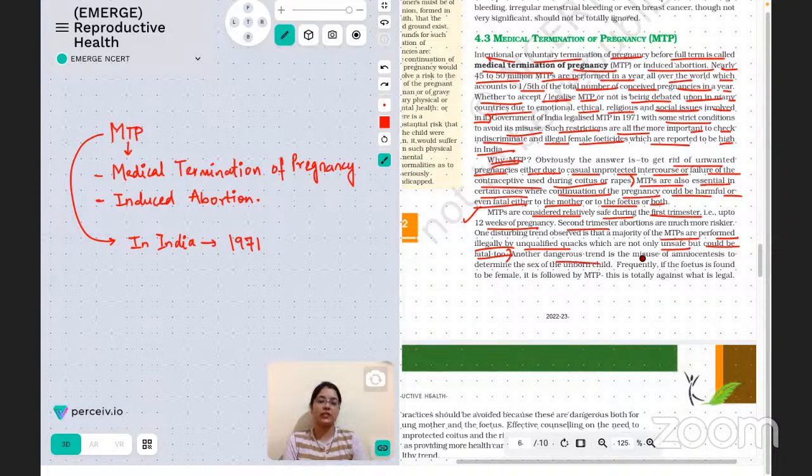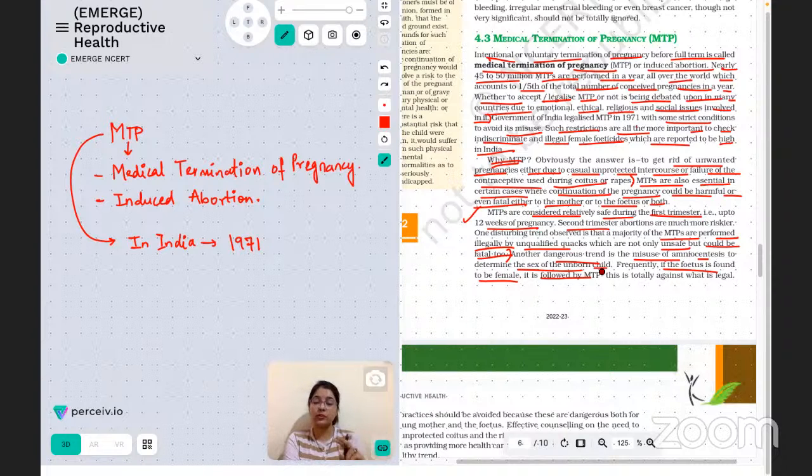Another dangerous trend is the misuse of amniocentesis to determine the sex of the unborn child, and frequently if the fetus is found to be female, it is followed by MTP. ठीक है, तो सीधी सी बात है कि amniocentesis कराने से sex of the child determine हो गया, and if it is a baby girl, then they will go for female feticide by the process of MTP. तो MTP के through female feticide को कर देते हैं.